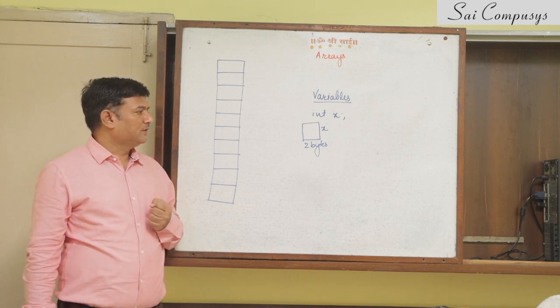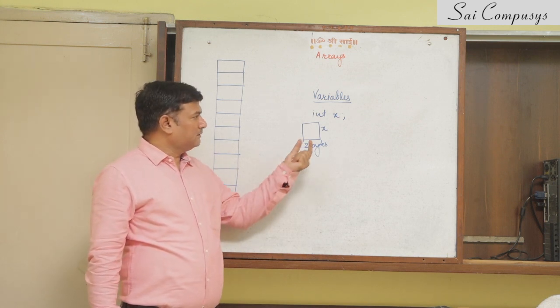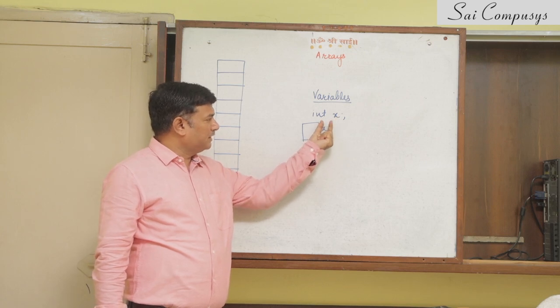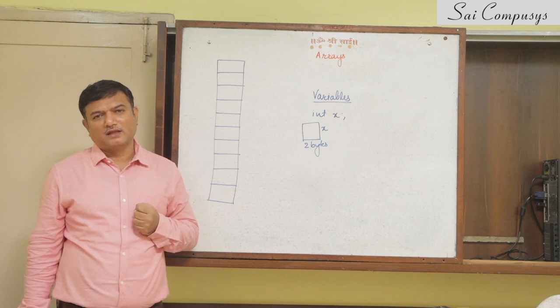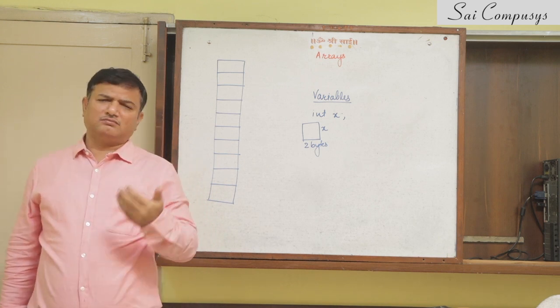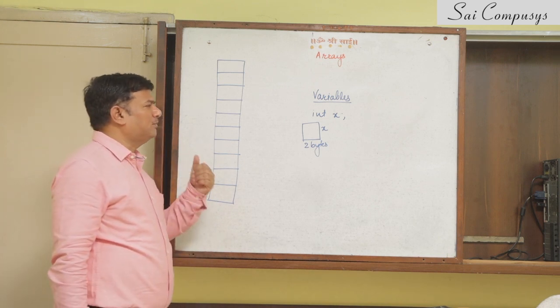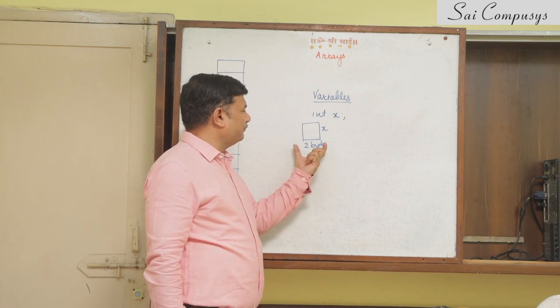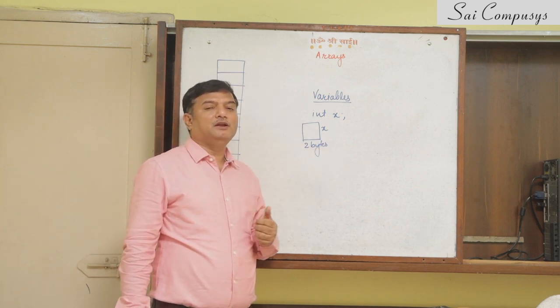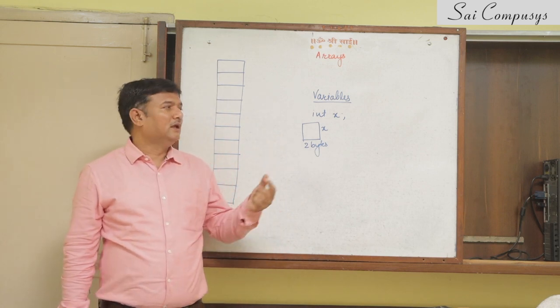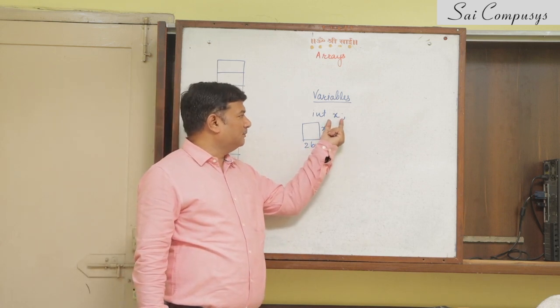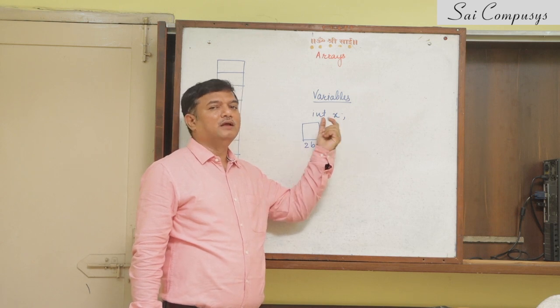But now, for every value, you need to create such a separate container in your program. Now, if you have 2, 3 values or a small number of values, the concept of variables is perfect. But if you have a large number of values to be used in the program, creating such large variables will become impossible.